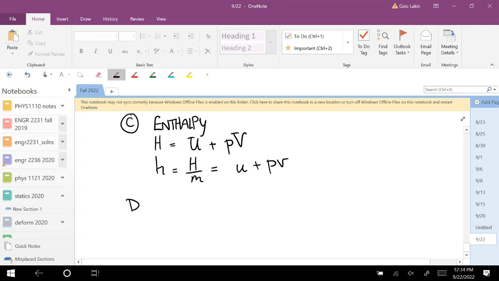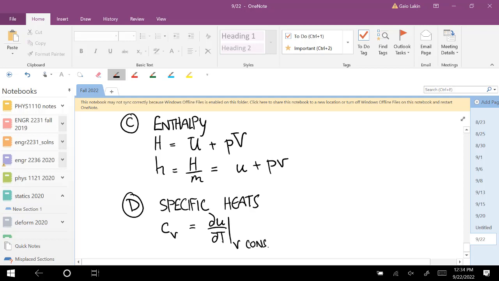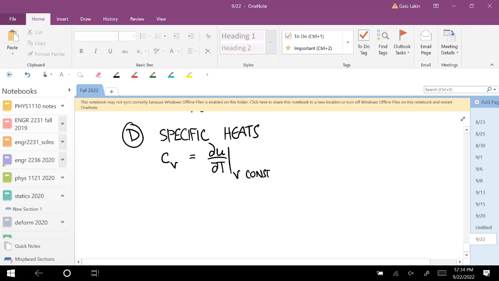And then we introduced the specific heats. C sub V is equal to the partial of U with respect to temperature with volume held constant. And C sub P is the partial of lowercase h with respect to T with pressure held constant.